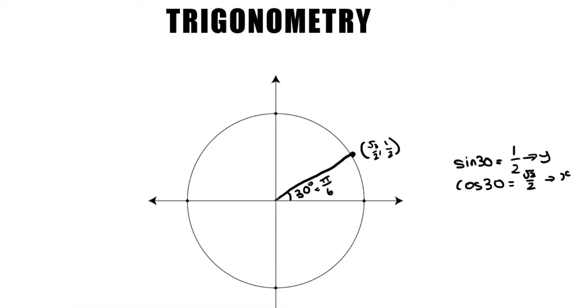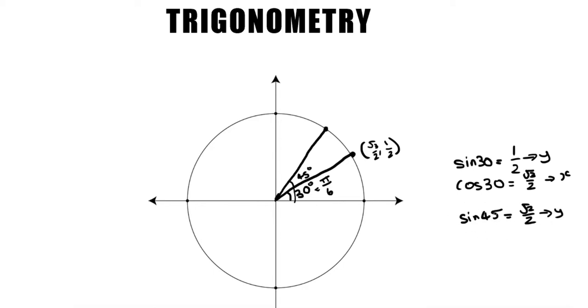Okay, and what other angles do we know the trig functions for? Well, we know 45 degrees, right? So I'm just going to approximately draw that. The whole thing there is about 45 degrees, and we know that the sine of 45 equals √2/2, which is going to be a y coordinate.